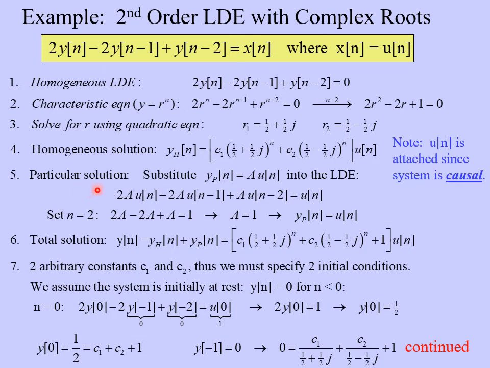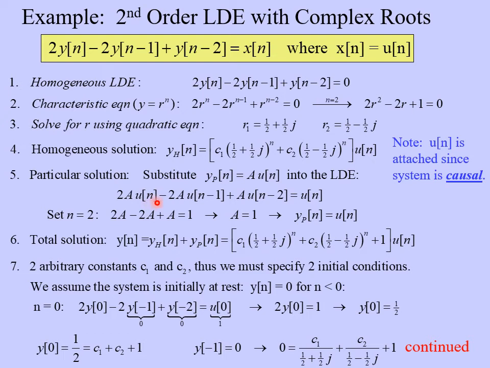Okay, the particular solution now. Our input function here is u of n, so I'm going to let my particular solution equal just some constant times u of n. When I plug this back into the linear difference equation up here, I get this whole thing right here, and I can clean this up by setting n equal to 2.